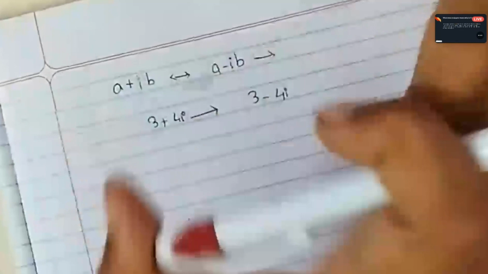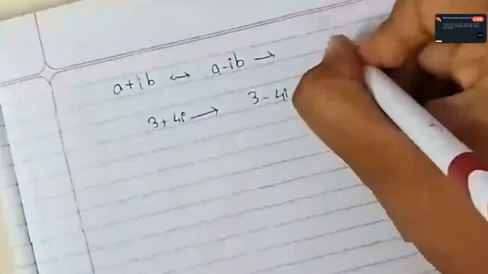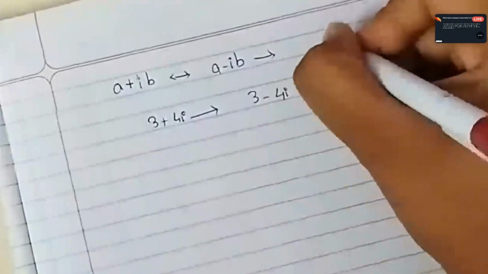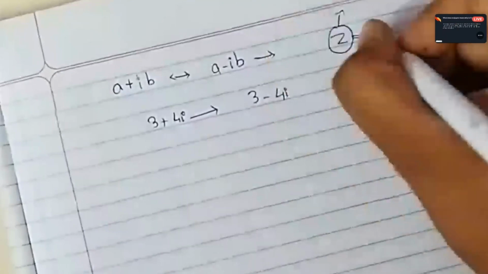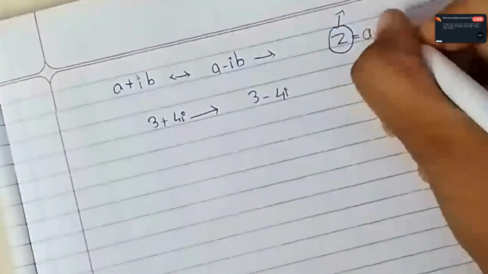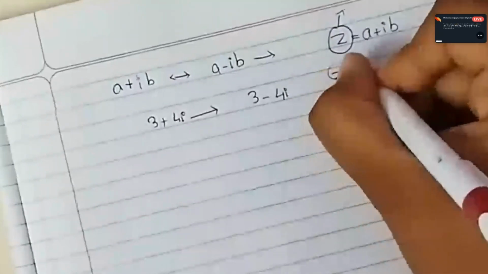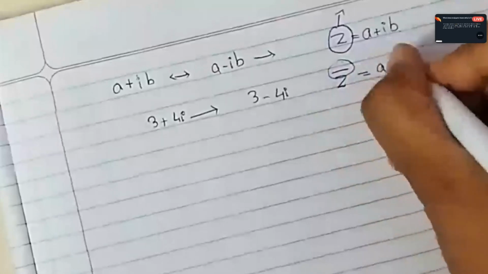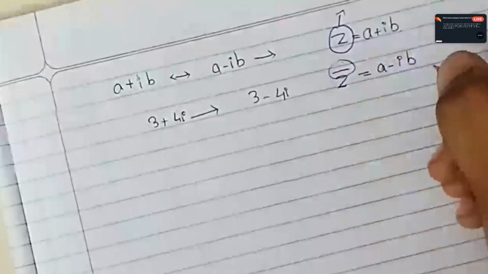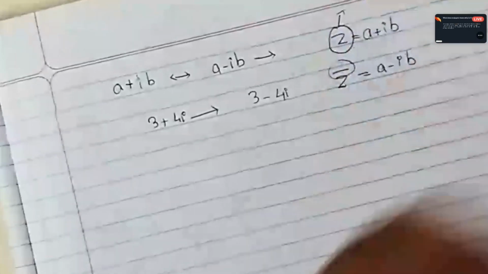This is the basic definition of what a conjugate means. If a number z, the variable we generally use to represent a complex number, is a plus iota b, then z conjugate, this bar representing its conjugate, is a minus iota b.